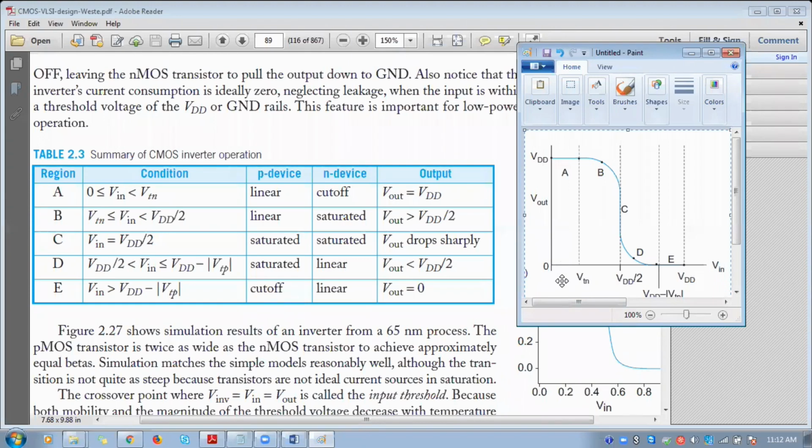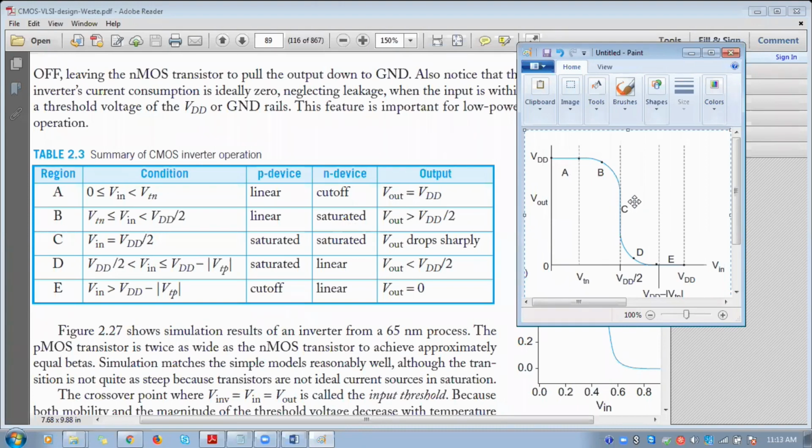As we discussed yesterday, when we cross the threshold voltage, the NMOS will be switched on. So at that time, the NMOS will be in the saturation region and the PMOS device will be in the linear region. At that time, the output will be less than VDD but greater than VDD by 2.